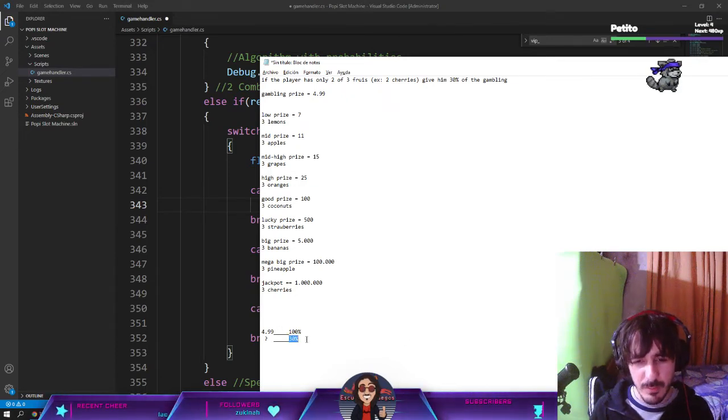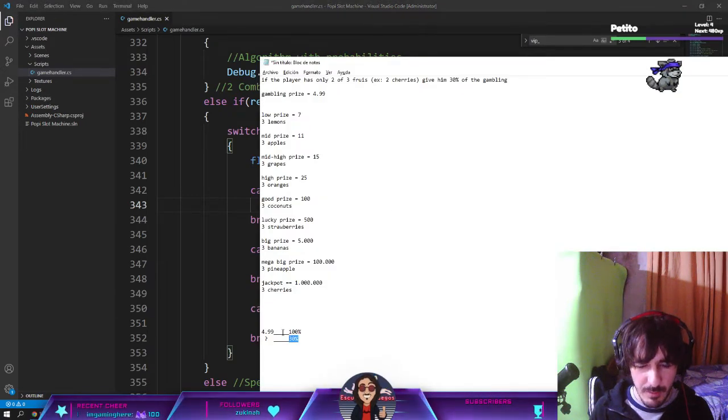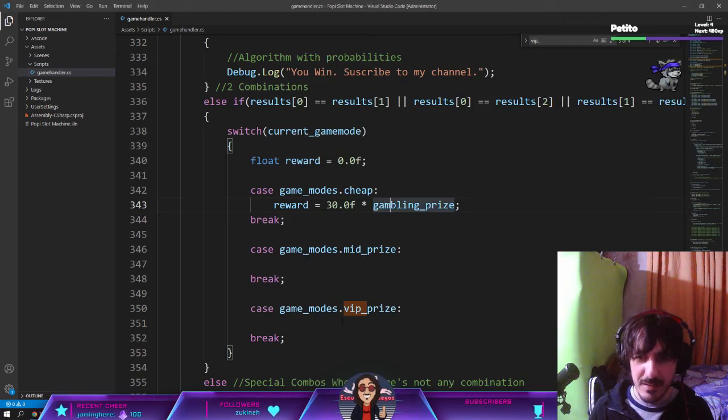So I have to multiply this and then divide by this number. Okay, I have to multiply 30% per gambling price, and then divide by this number.